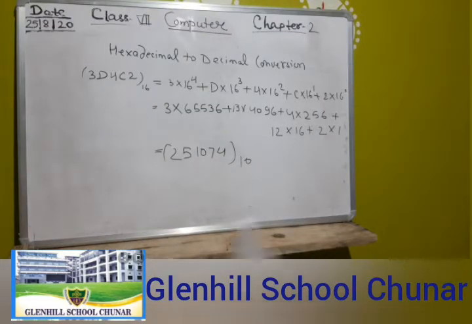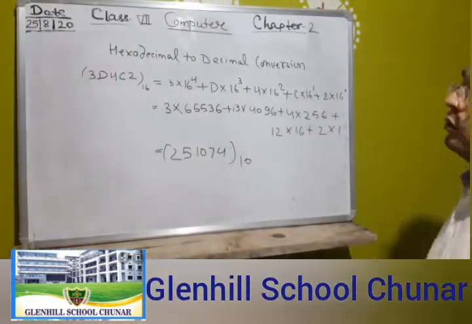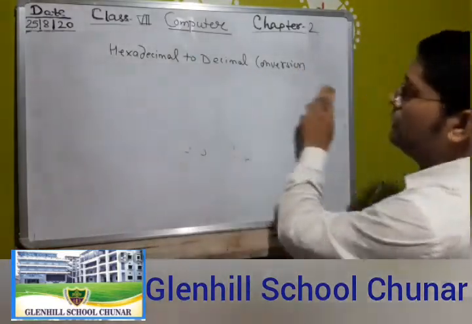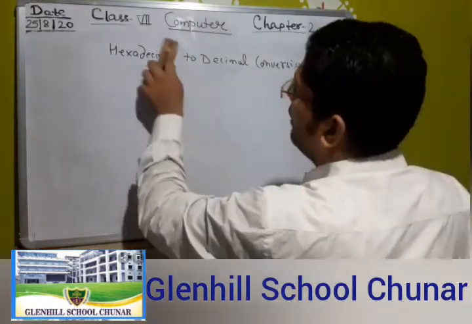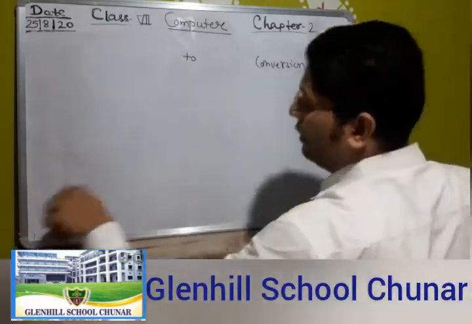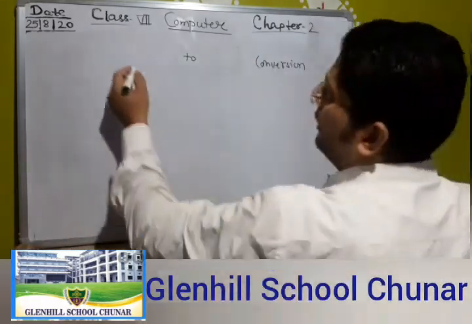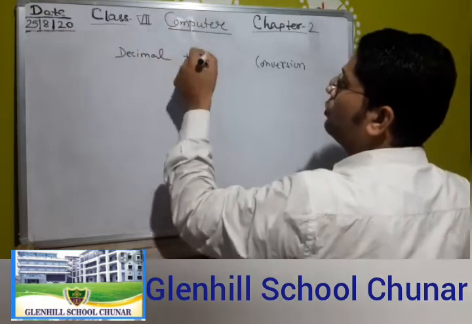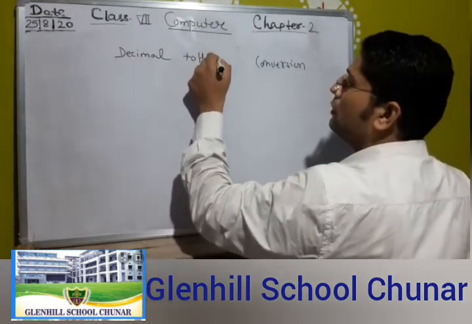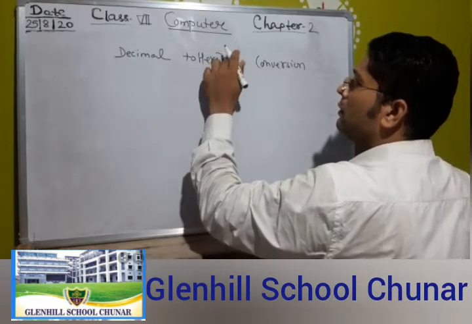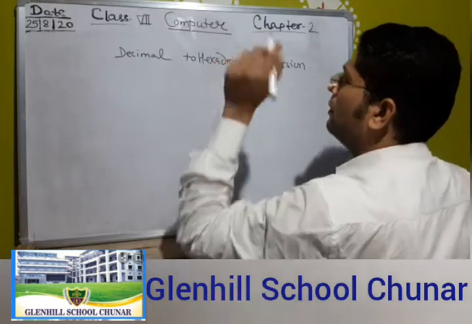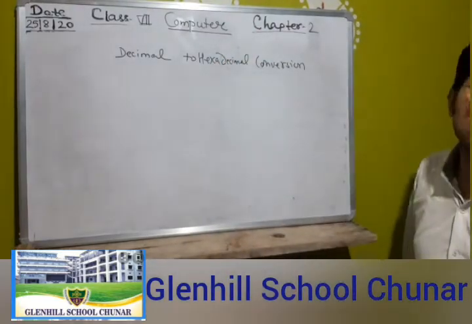And only left conversion, decimal to hexadecimal, okay student, clear? How will convert the hexadecimal to decimal? And last conversion, decimal to hexadecimal conversion. Okay student.